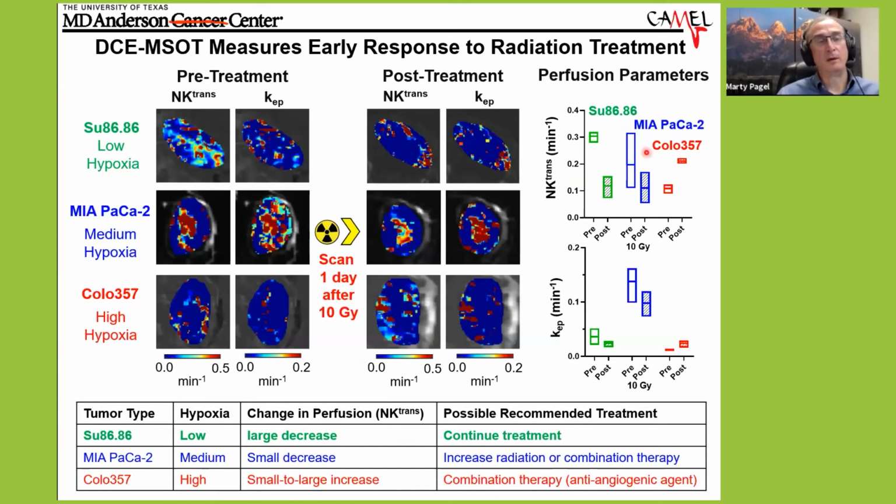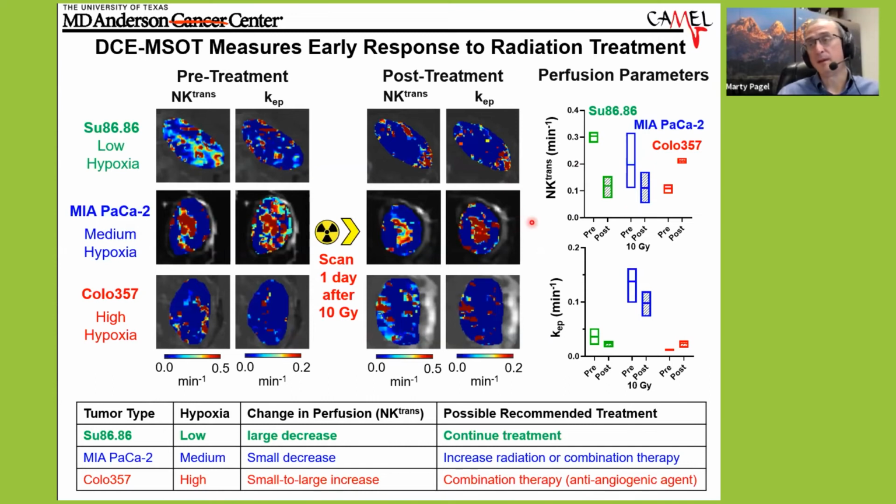Here's an example where I'll really just focus on the right here of a normoxic, mildly hypoxic, and very hypoxic tumor model that has high, medium, and low vascular perfusion. And then after radiation therapy, we can see a strong decrease in the normoxic model, mild decrease in the mildly hypoxic, and an increase in the hypoxic model, showing only temporary damage to the blood vessels, but not enough to cause a cure for the cancer.